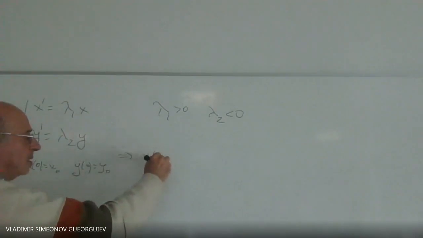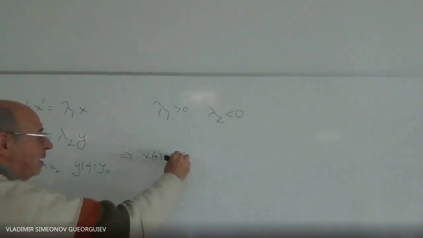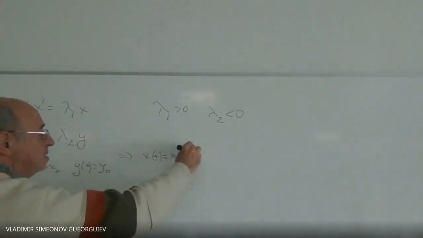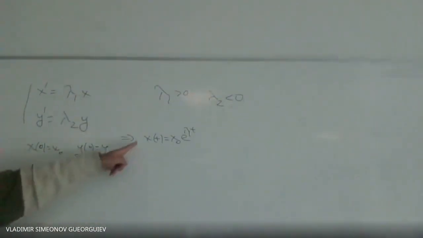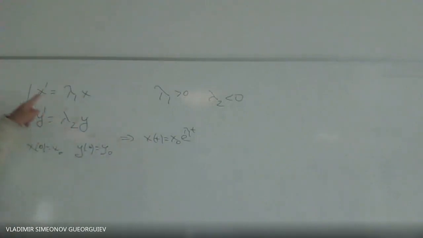x(t) shall be x0 e to the power lambda 1 t. This was according to our generic formula, when we had x prime equals cx. This we wrote before the break, and this was the solution.